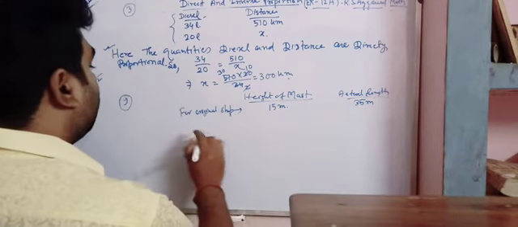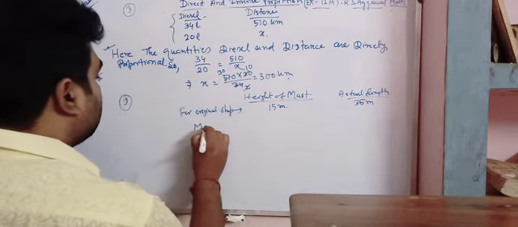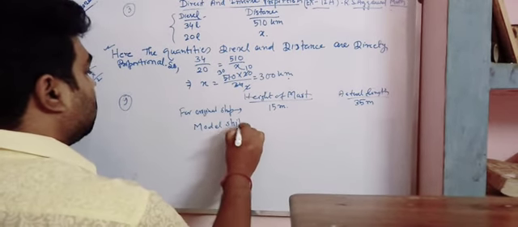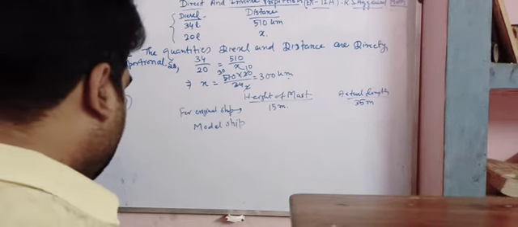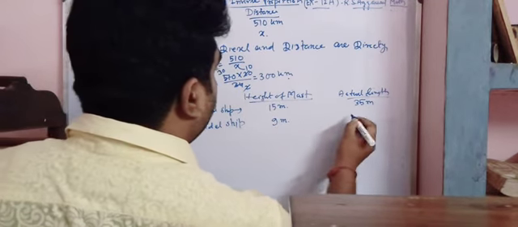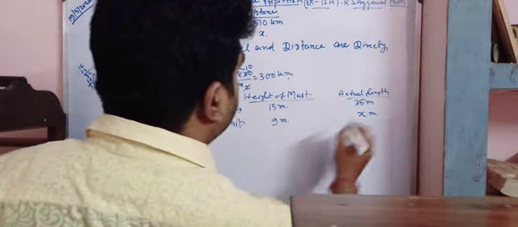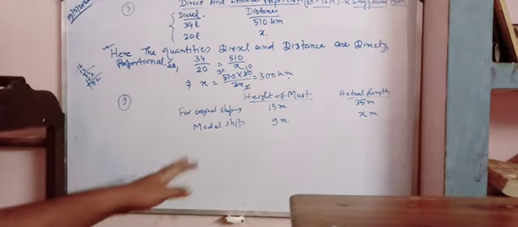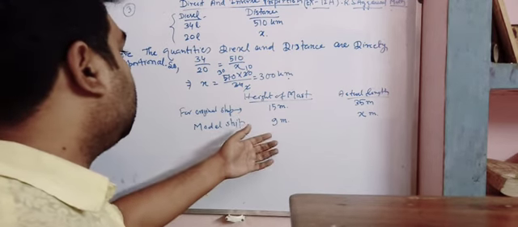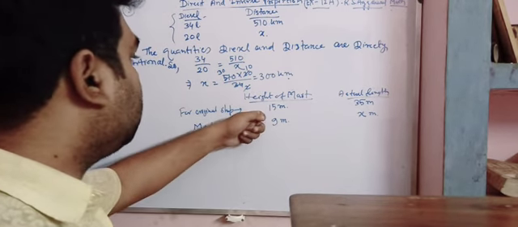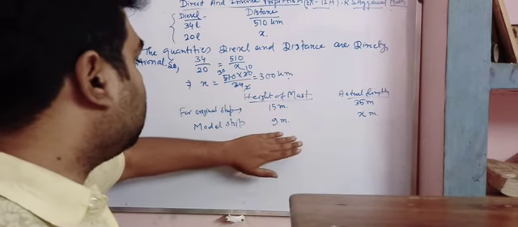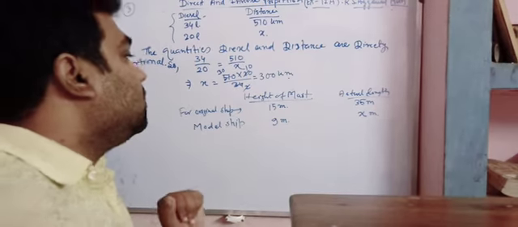And for the model ship, the height of the mast is 9 meter and the actual size is x. Here also we see that direct proportion occurs: the height of the mast is more when the actual length is more, and less when the actual length is less.